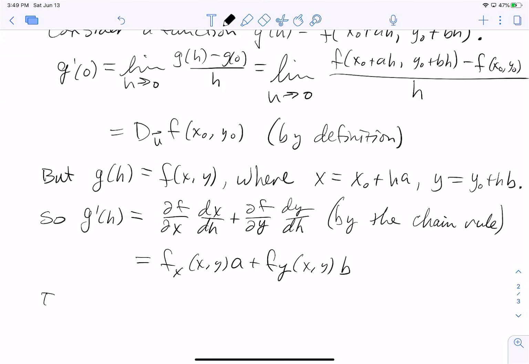But if h is equal to 0, then x becomes x naught and y becomes y naught, because if h is 0, the ha and hb zero out.